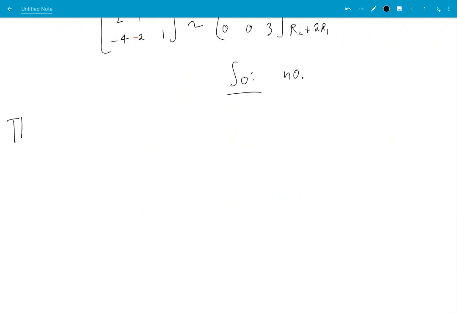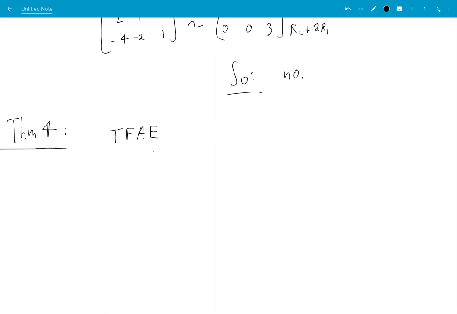So this is described in Theorem 4. Okay, Theorem 4 says the following are equivalent.